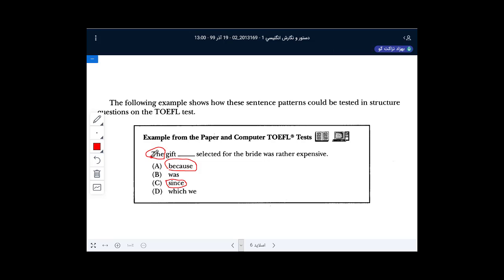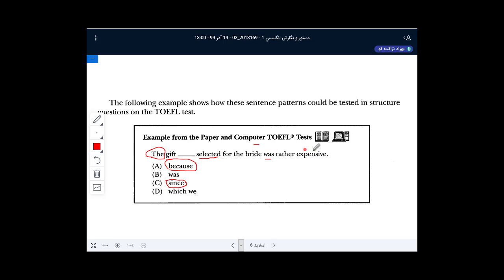So they come either in the middle or in the final position. When they are in the middle and set off the subject from the verb, this is the verb and this is the subject. And later you see the second verb. So if we take this as the first verb and this as the second verb, it is impossible because in a sentence we will have one subject and one verb, not two verbs.